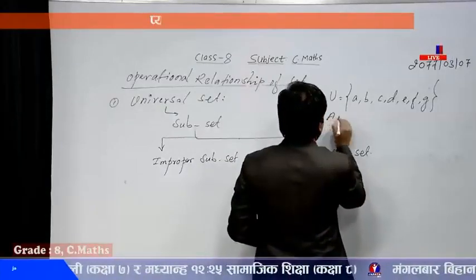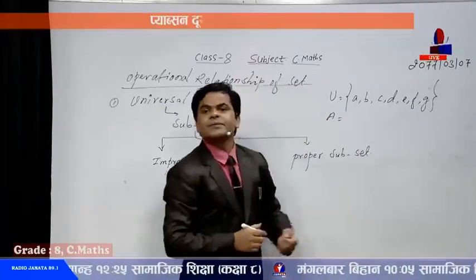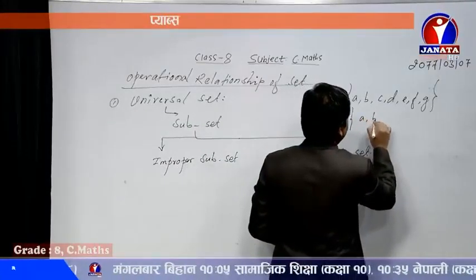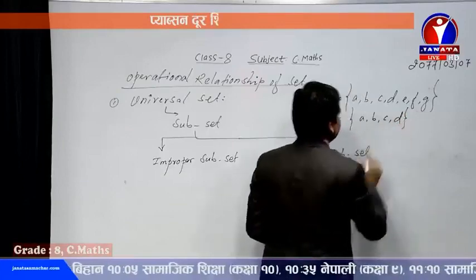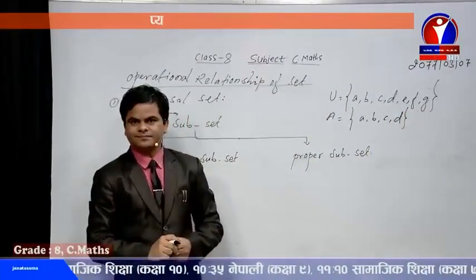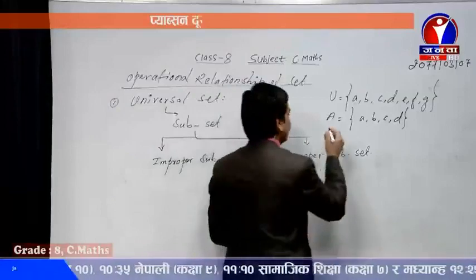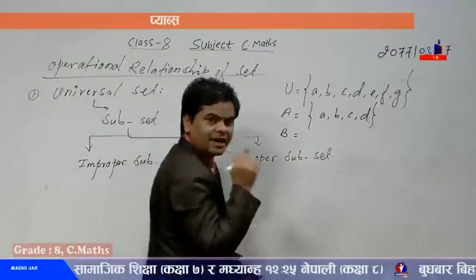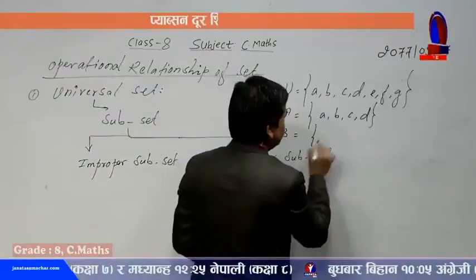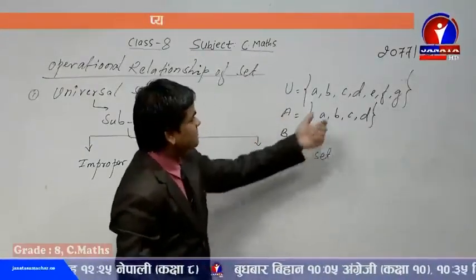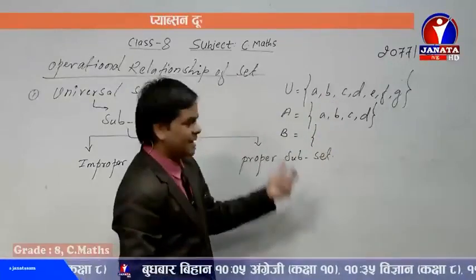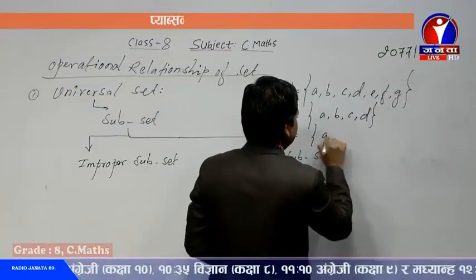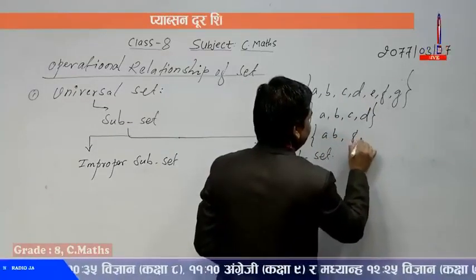So let's make one subset of this universal set, taking some elements: A, B, C, and D. I am taking just 4. A, B, C, D. Now next I want to make another set as well, dear students. You can make any set by taking elements from the universal set. You can prepare so many, isn't it? So another one, let's keep as A, B, F, and G.